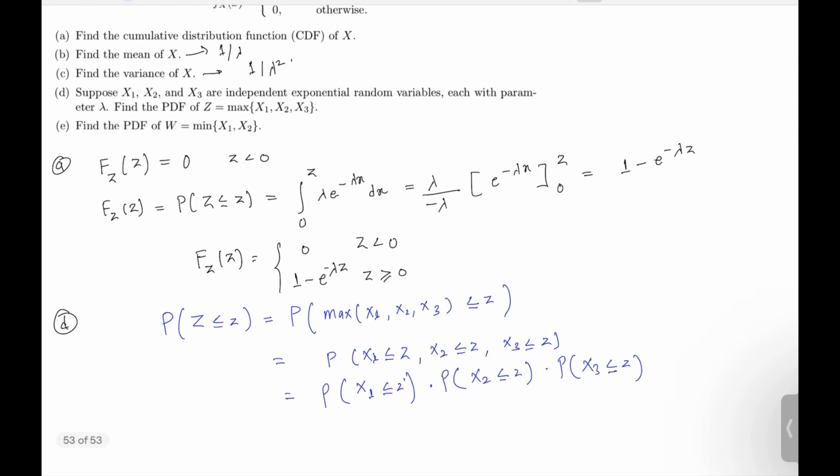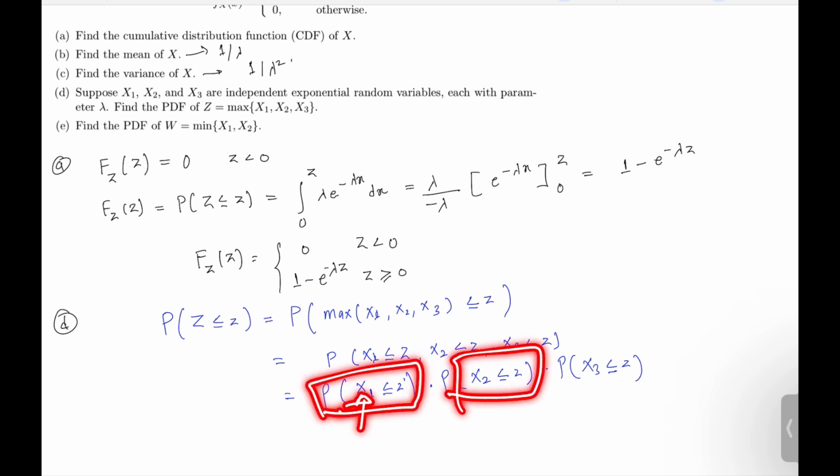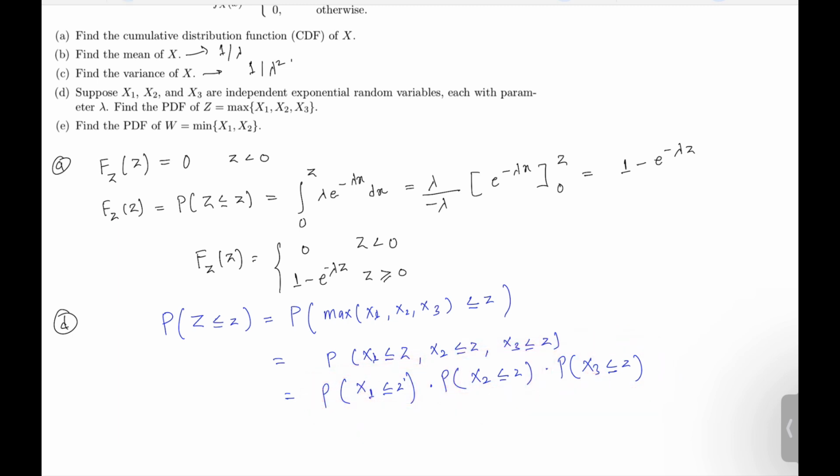And what are these? These are nothing but the CDFs. This is the definition of the CDF, that a random variable takes a value less than or equal to a certain value. This is the CDF of this exponential random variable, this is the CDF of this exponential random variable, and this is the CDF of this exponential random variable.